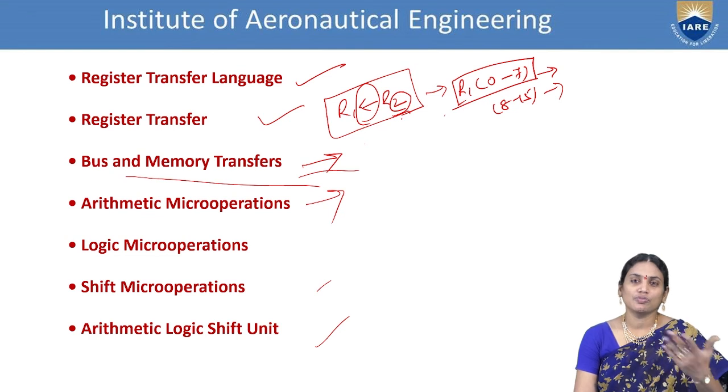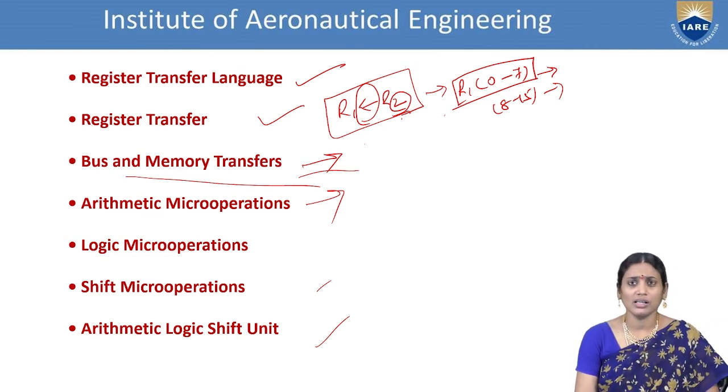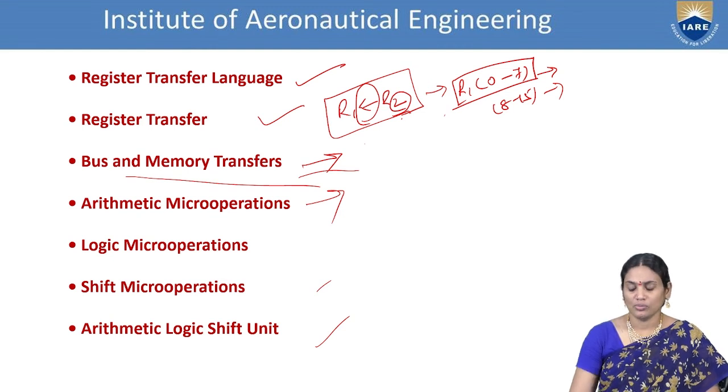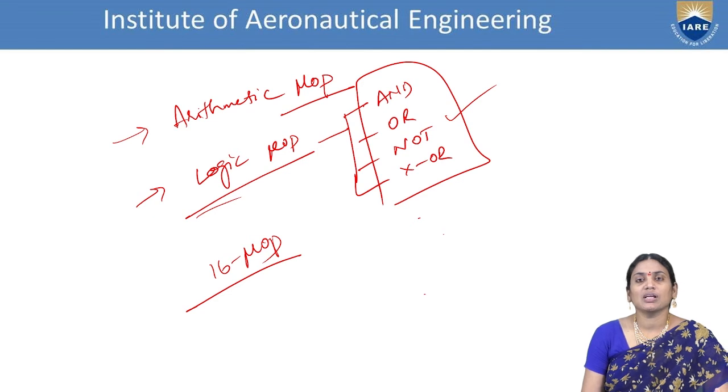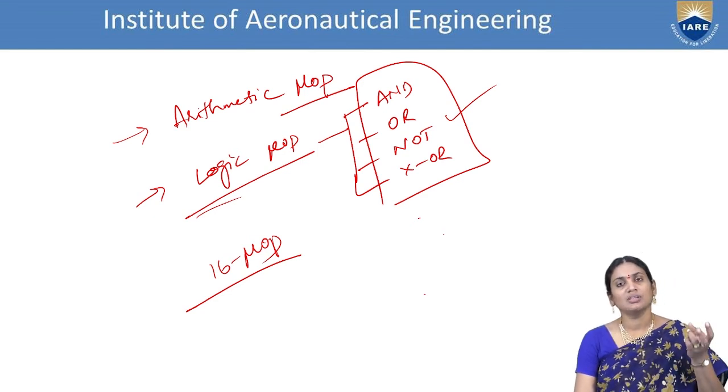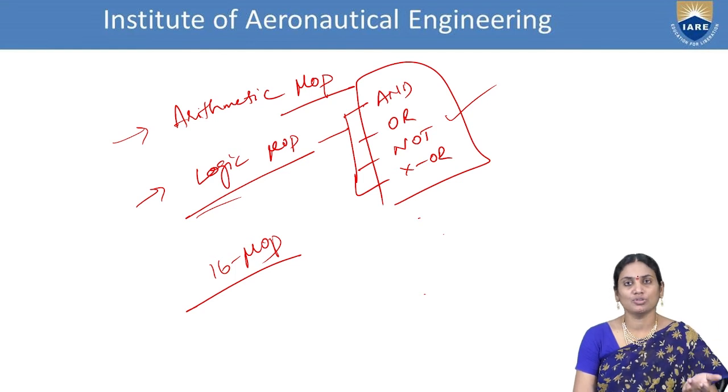In the context of register transfer, the simple transfers from register R1 to R2, or R2 plus R3 implies R4, are called register transfer operations. When it comes to arithmetic micro operations, we have a combination of binary addition, subtraction, increment, decrement, ones complement and twos complement.